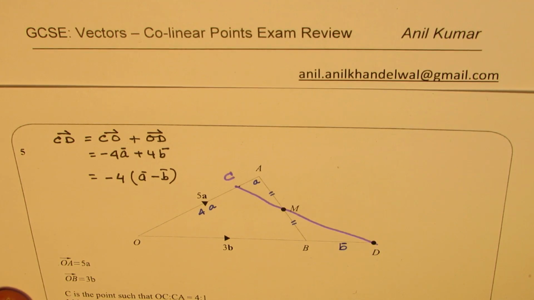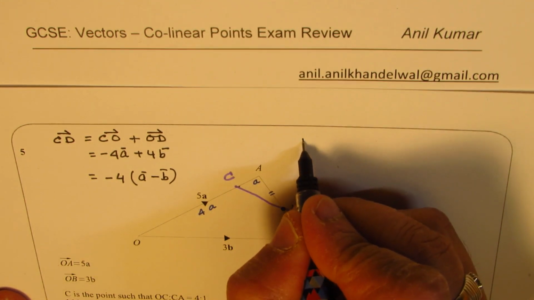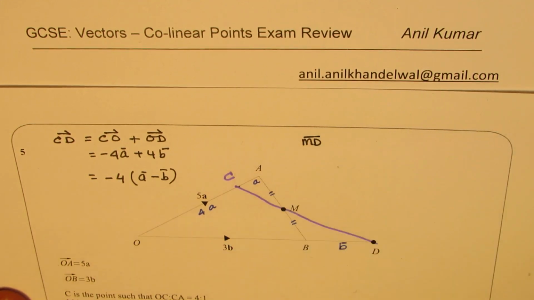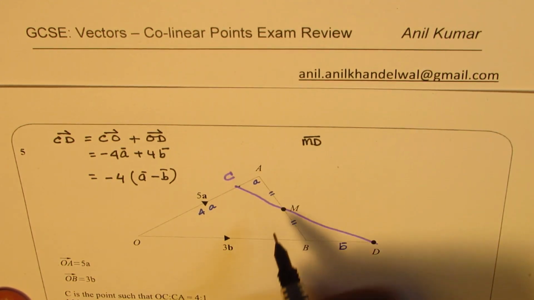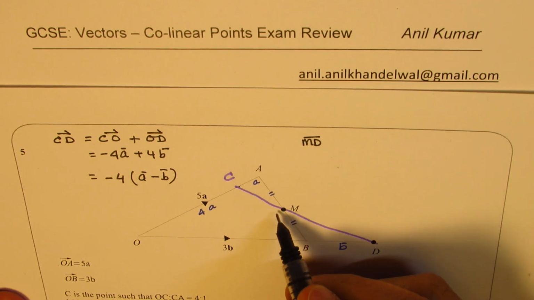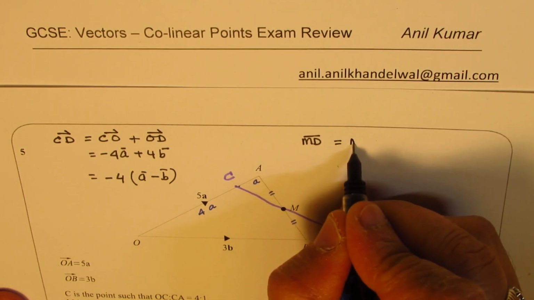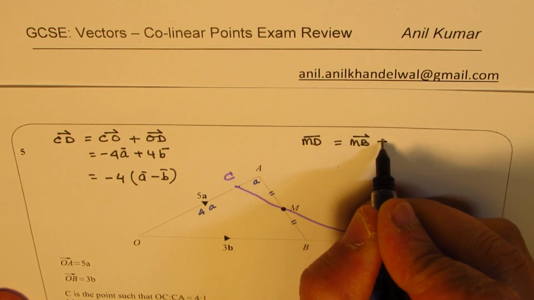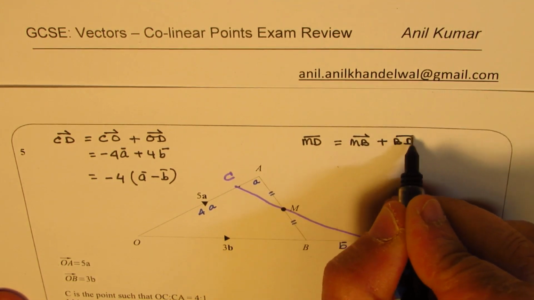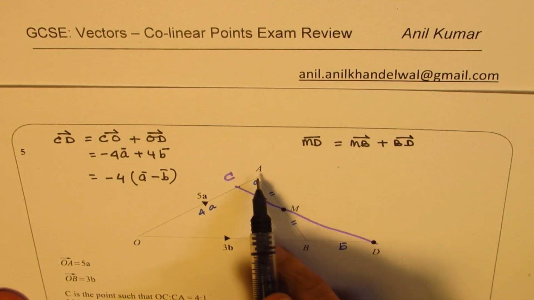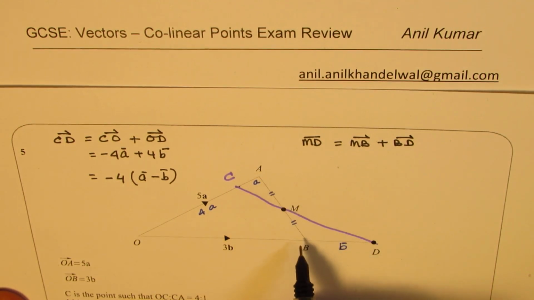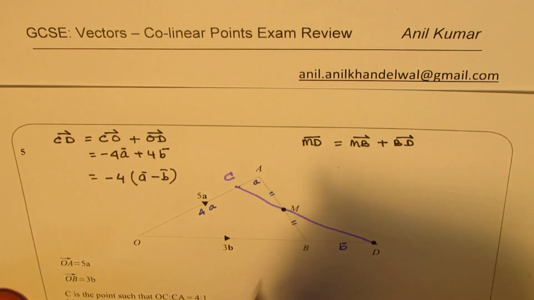Correct? Now let us try to find what M to D is. For M to D, we can follow the path M to B and then from B to D. M is the midpoint of AB, right? So what is M to B?